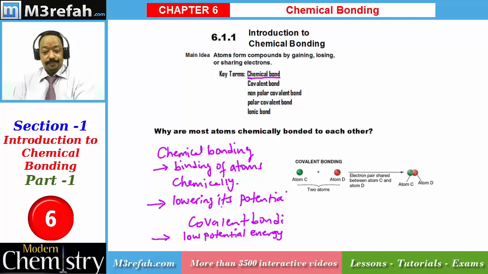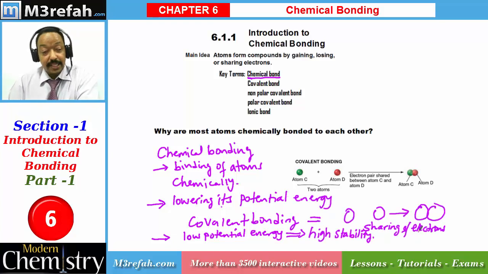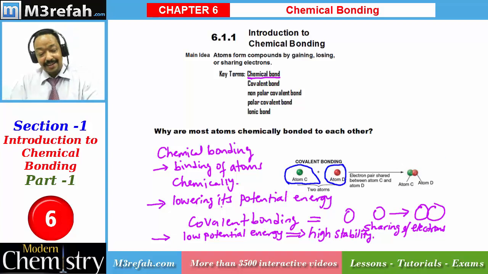As you can see here, two atoms come together in order to reduce their potential energy. As you can see from this example, atom C and atom D come together and form C D. These two atoms come together and secure the octet rule, or make their outer shell 8, and at the same time they reduce their potential energy, and finally they end up with low energy.